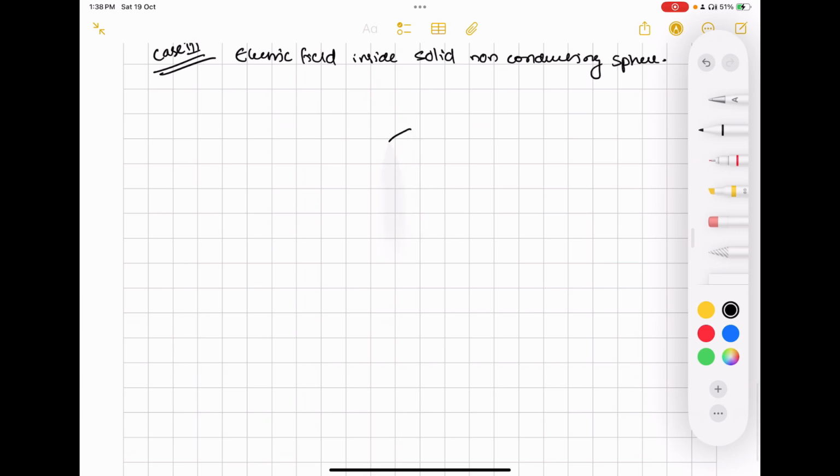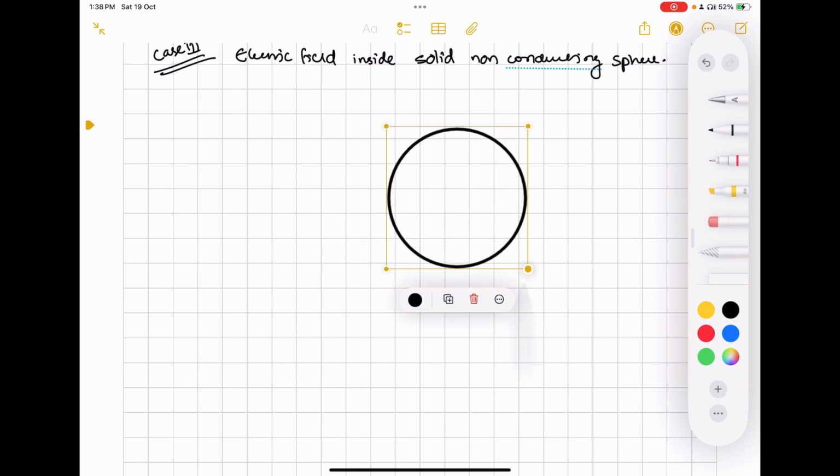Suppose we have a solid non-conducting sphere like this, with charges inside the sphere, and we need to find electric field at an inside point which is at a smaller distance from the center.